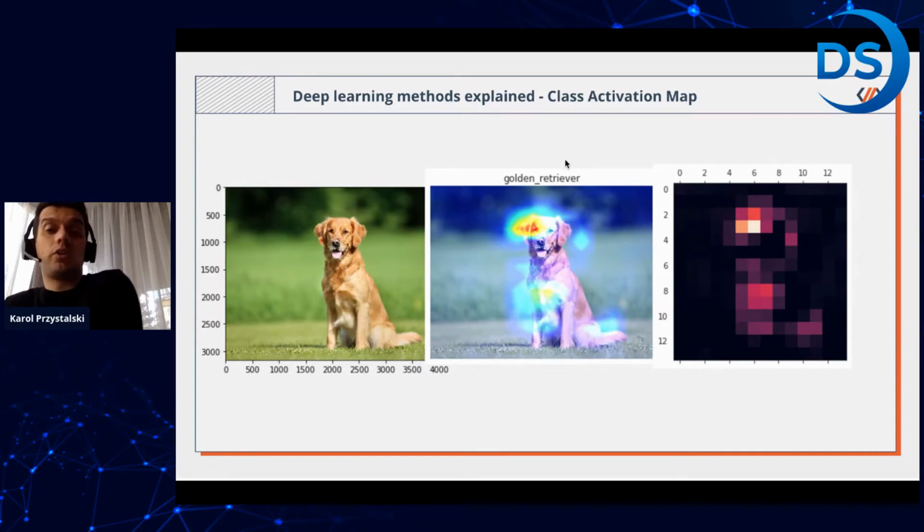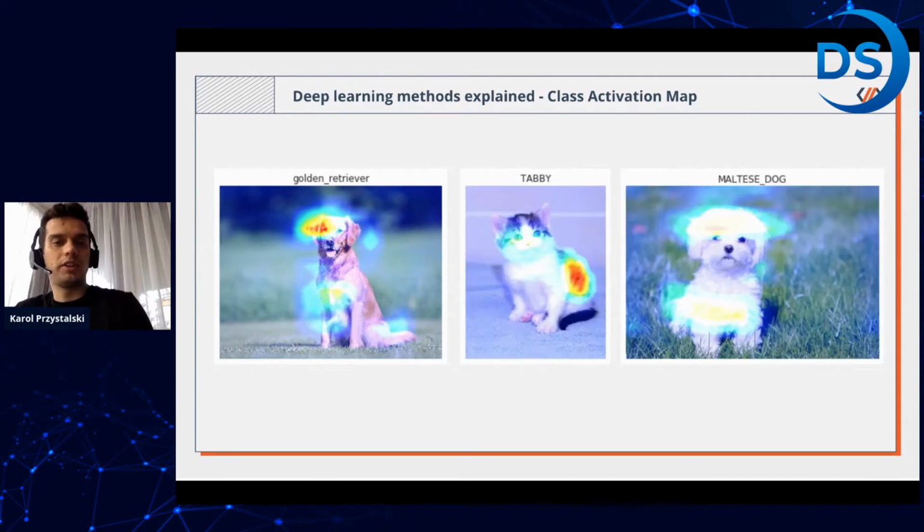On this image, we recognize a golden retriever dog based on the ear, eye, head, and the chest, right? And depending on whether it's a cat or a dog, you will see different regions that are found here. For example, here you have the cat or the Maltese dog, and different features are important on the image for classifying it as a Maltese dog or a cat.